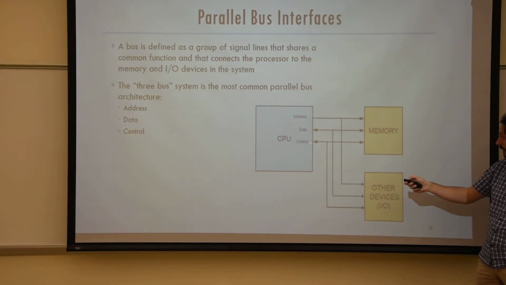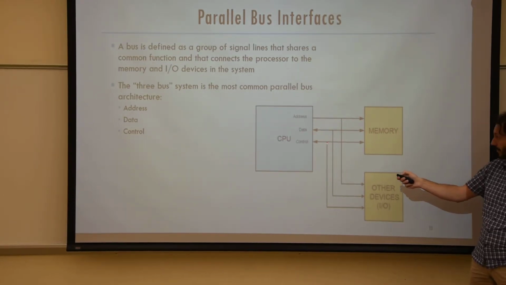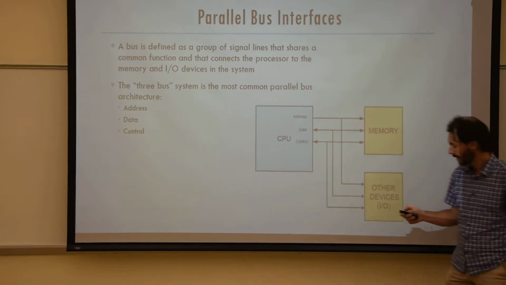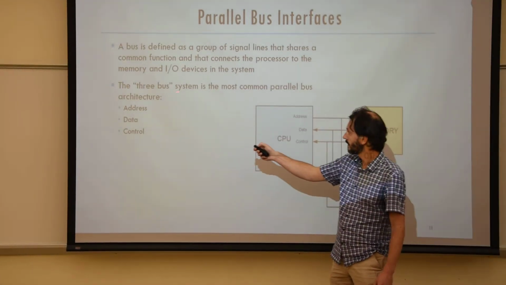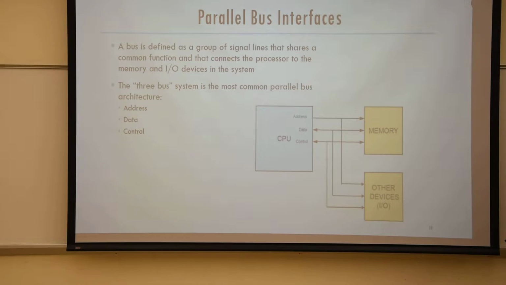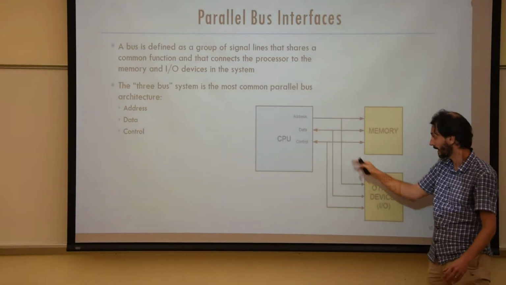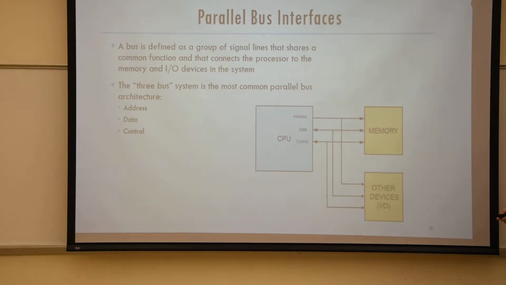So this particular control line will, for example, tell some peripheral that, okay, you should actually look at the data, you should actually look at the address, and then the processing in that peripheral will happen. So we use this 3-bus system, which is a common way of doing this. The address, the data, and the control are separate lines that we use for the communication.